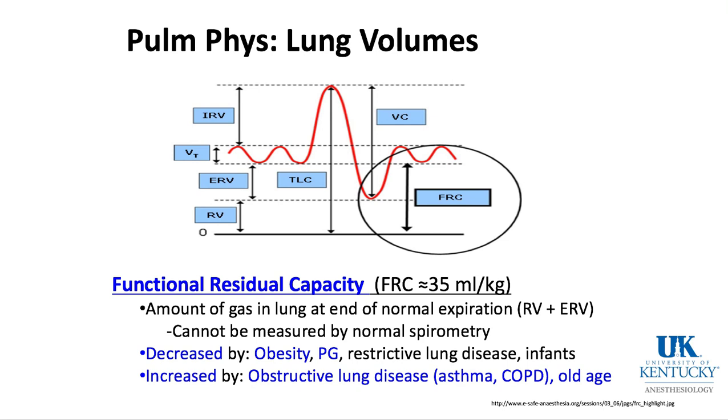Things that increase FRC: the asthmatic or emphysematous patient has a large lung with a lot of trapped air, so a big residual volume. And old age, elderly patients lose the elasticity of the lung, and they have a big lung with a large amount of trapped air, residual volume, and a high FRC.